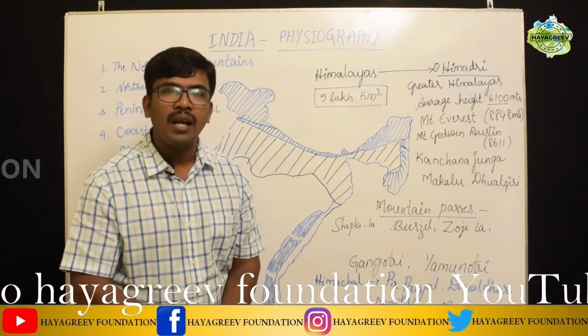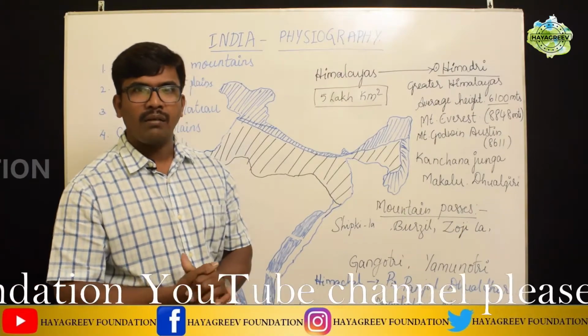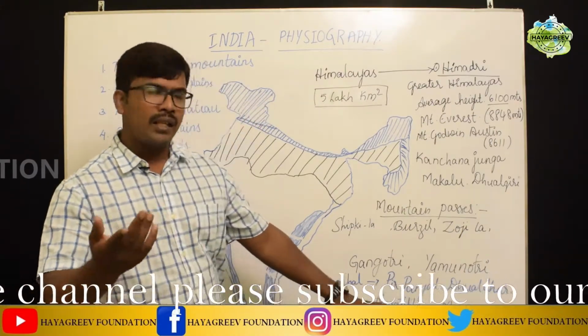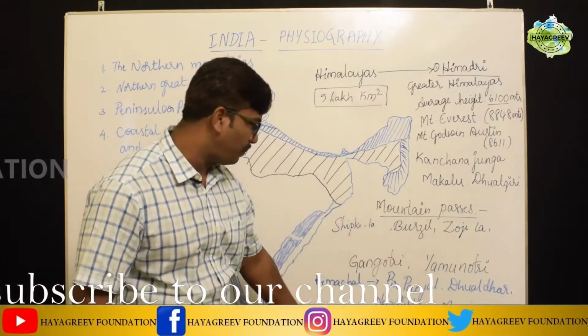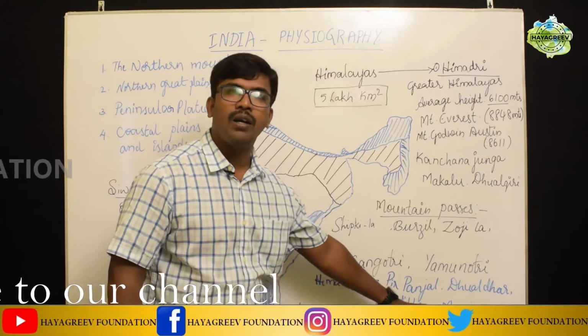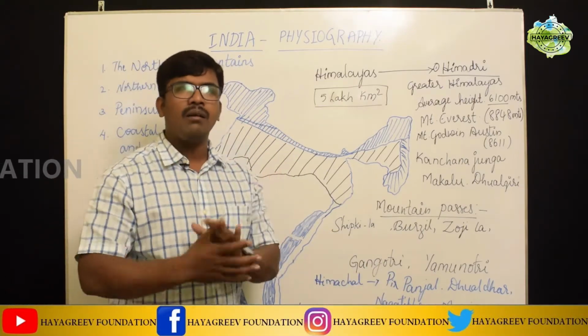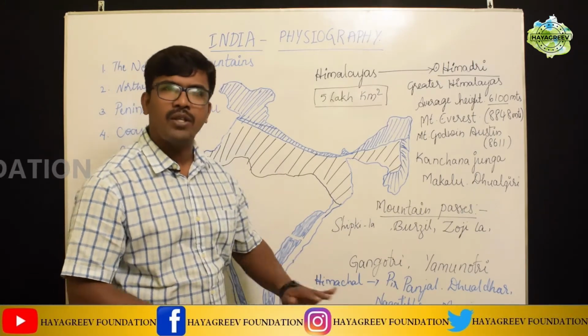Some parallel ranges are found in the Himachal: Pir Panjal, Dhauladhar, Nag Tibba and Mussoorie. Many mountain ranges can be seen in the Himachal.